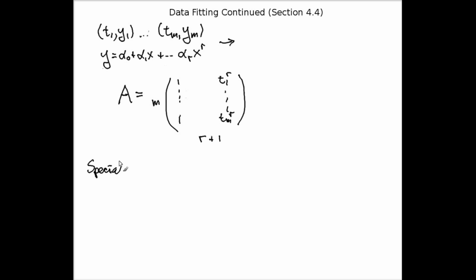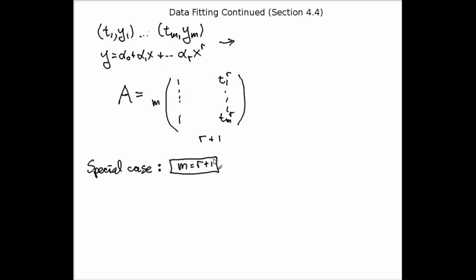And what we get out of this is this matrix A, which is of size m by r plus 1. And it's particularly interesting to consider the following case. What if this matrix is square? What if m is equal to r plus 1?